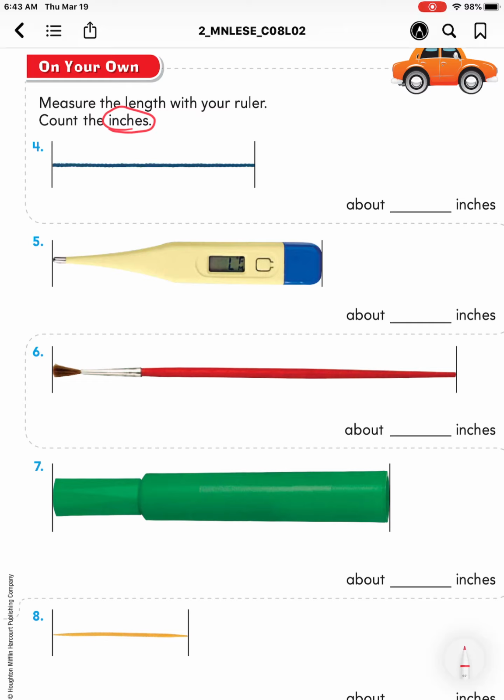So when I used my ruler, the inch ruler, I found the answer like this. Number 4 was about 3 inches. The thermometer was about 4 inches. This painting brush was about 6 inches. The marker was about 5 inches.